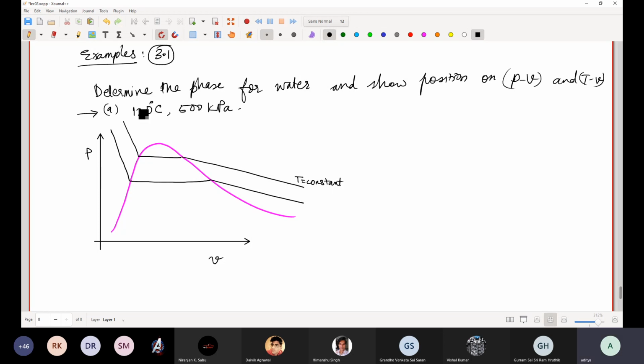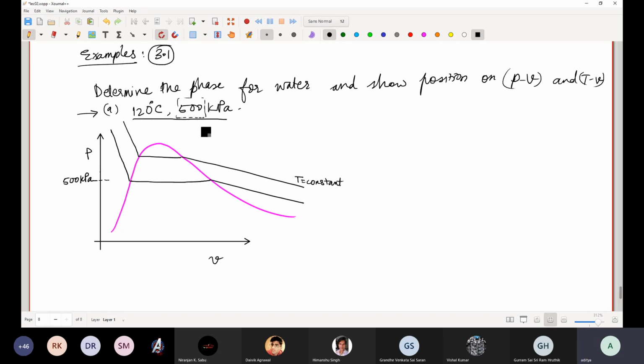So it says what is the phase of water for this condition. So in the PV diagram, I will find out the y coordinate where the pressure is going to be 500 kilopascal. So suppose this is the point where the pressure is 500 kilopascal.